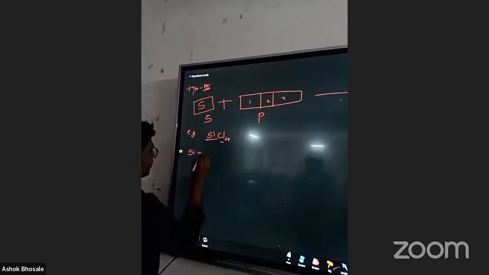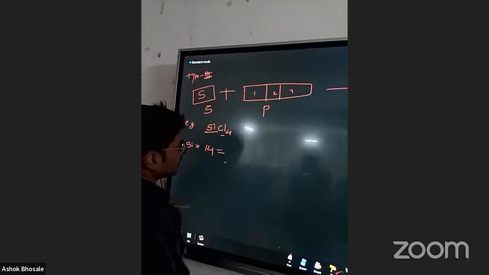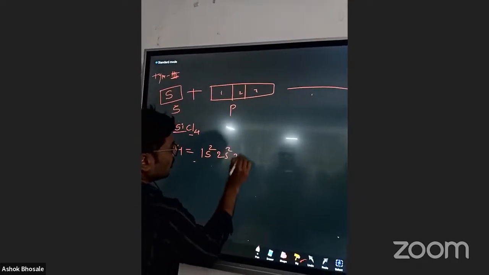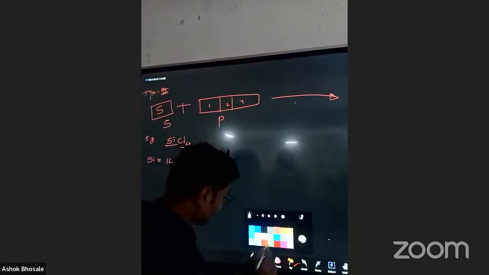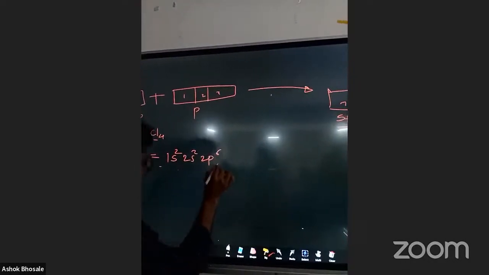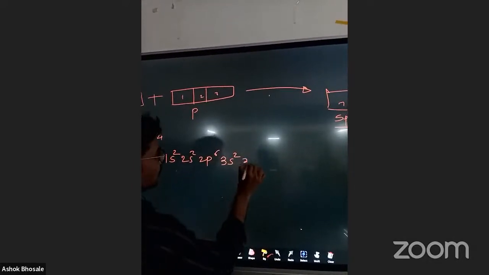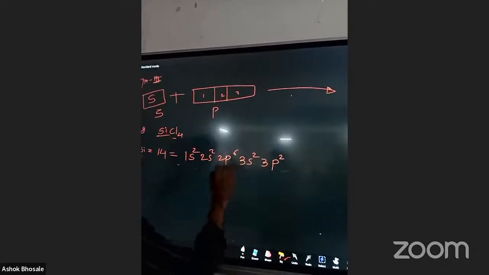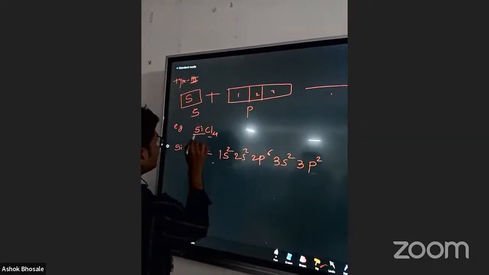Silicon's atomic number is 14, and its electronic configuration is 1s2, 2s2, 2p6, 3s2, and 3p2. See, this is 2, 8, 14. This is the electronic configuration of silicon.